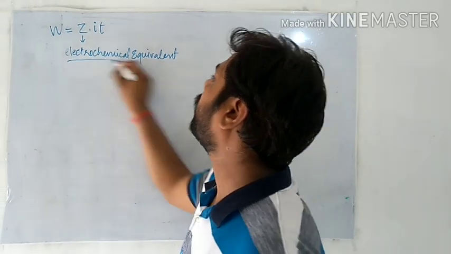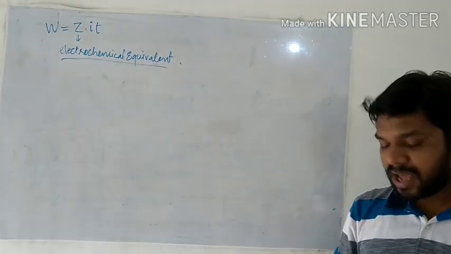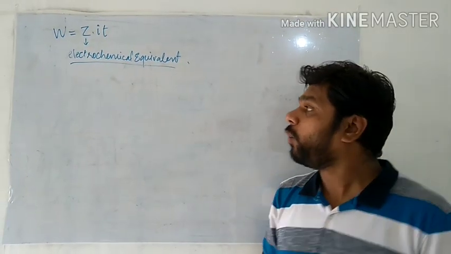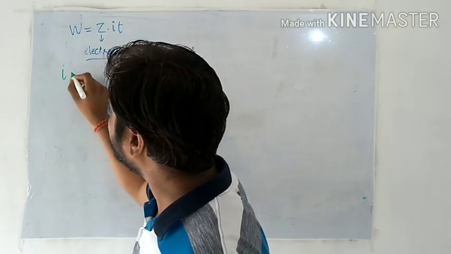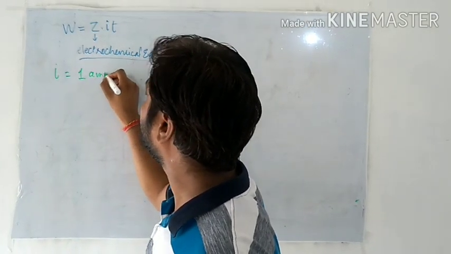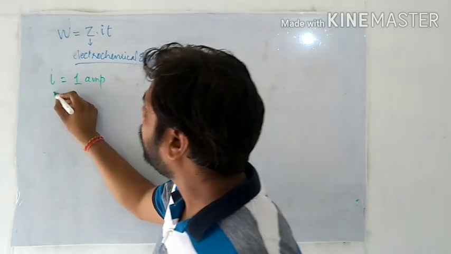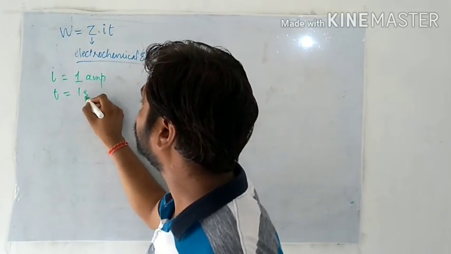Okay, electrochemical equivalent. Suppose we are passing 1 ampere current, it means I is equal to 1 ampere, and T is 1 second.